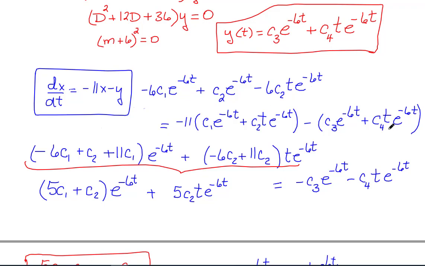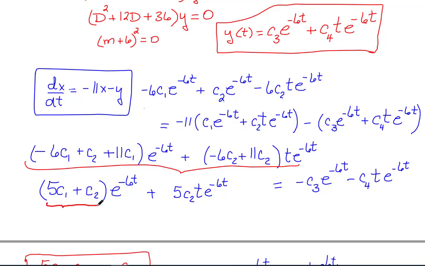At this point, I just need to try to combine things that look alike. So I've got a lot of e to the minus 6t stuff, and I've got some stuff for t e to the minus 6t. I want to keep all the C3, C4 stuff on the right hand side and try to simplify the left hand side where I can match up pieces.